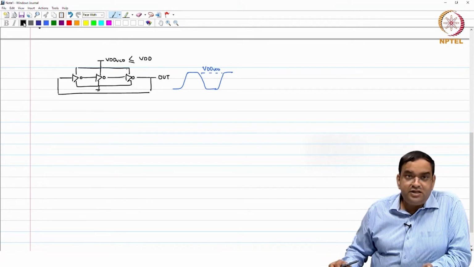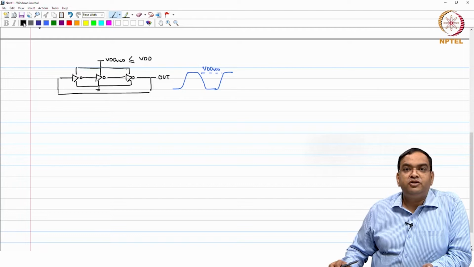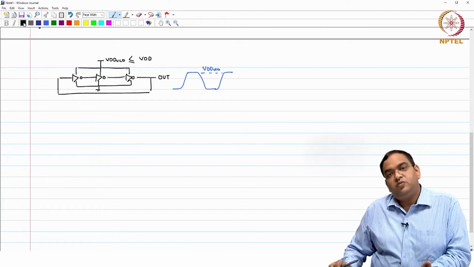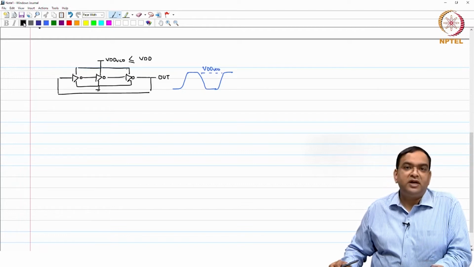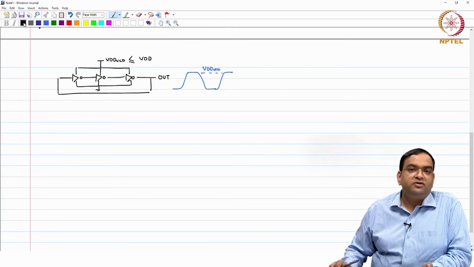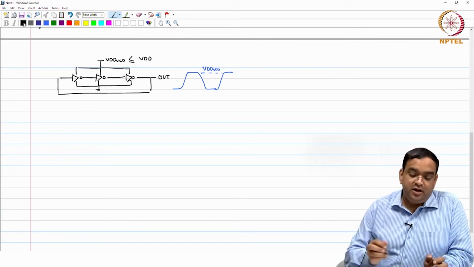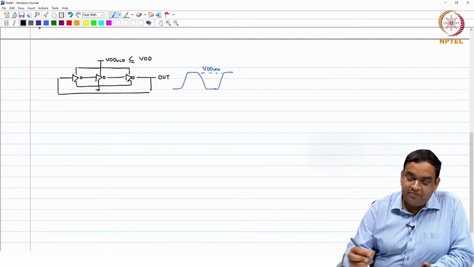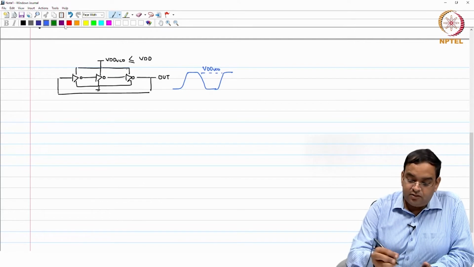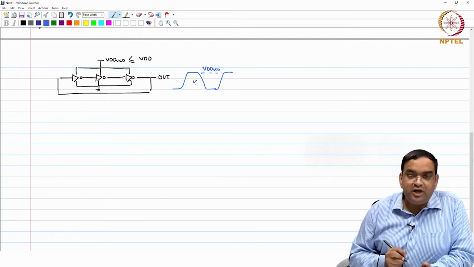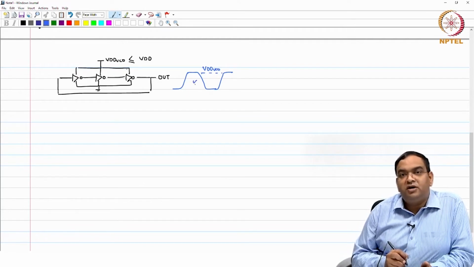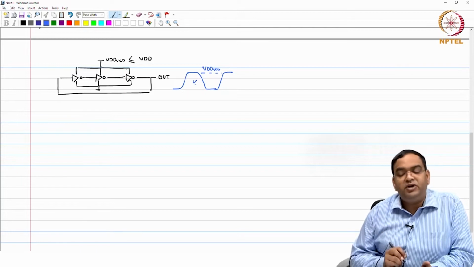Initially we were using a small swing oscillator, we shifted to a full swing oscillator because that is more useful, right. Now, we are saying that in order to control the frequency, you change the supply voltage. So, the swing argument has gone for a toss. What we have to do is something that can restore the full swing without compromising on our frequency tuning.